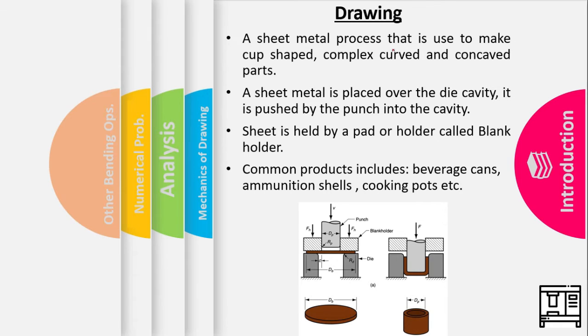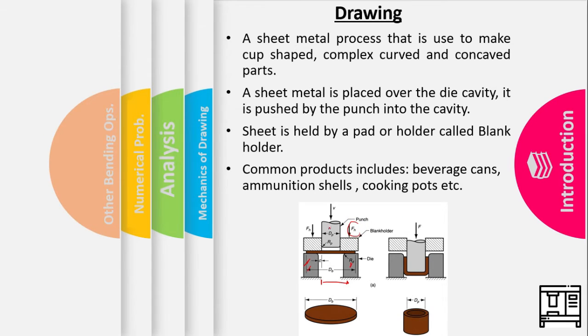It's a sheet metal process that is used to make cup shaped, complex, curved or concave parts. So initially we have a blank that is taken as a stock material, and that is placed over the die, which has certain opening here, and the blank is held by a blank holder exerting some force for the holding.